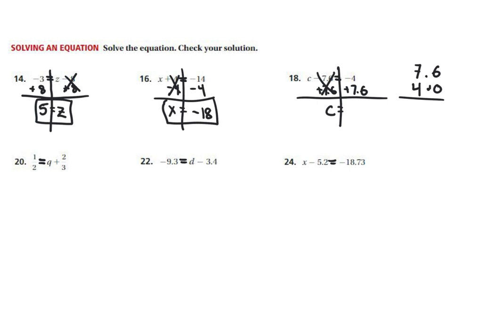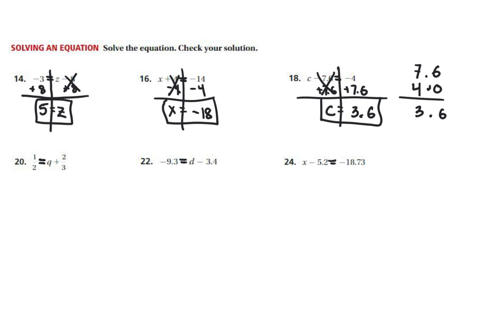So 6 minus 0 is 6, and 7 minus 4 is 3. So we get 3.6. And the answer is positive.